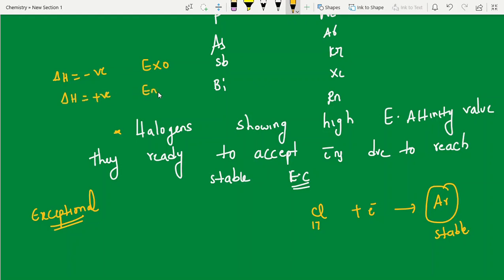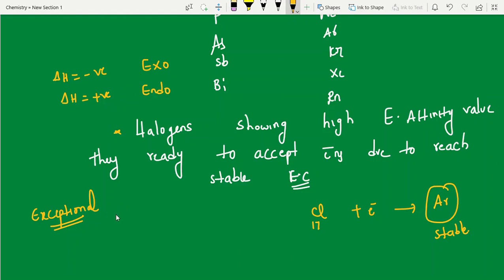But most of the students were confusing it here. If just a negative sign is given on the product side, that is endothermic. If a positive sign is given on the product side, that is exothermic. That's what you can see in the points. But when delta H is mentioned separately as negative, it is exothermic, and separately delta H equal to positive, endothermic. But if the product side is simply given as negative, that means endothermic, the opposite. This is exo, positive, the opposite. So please focus here, students.